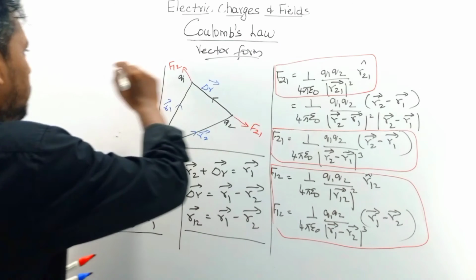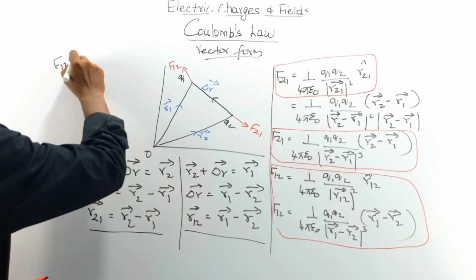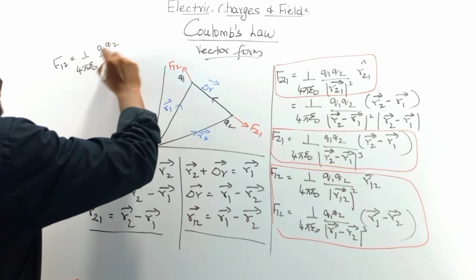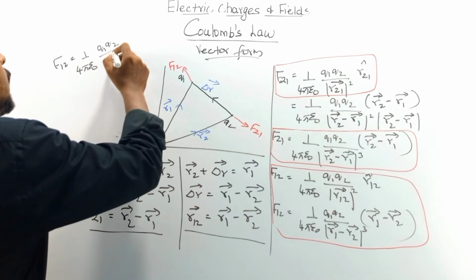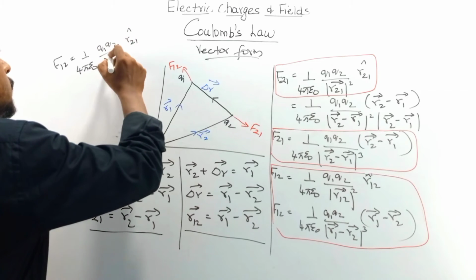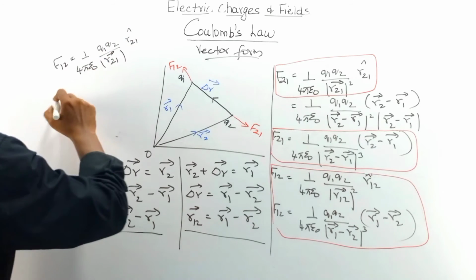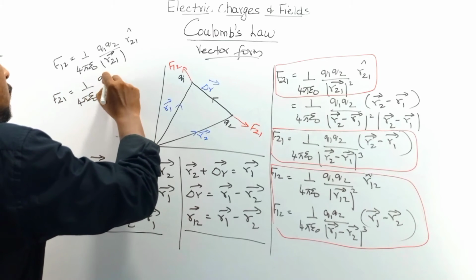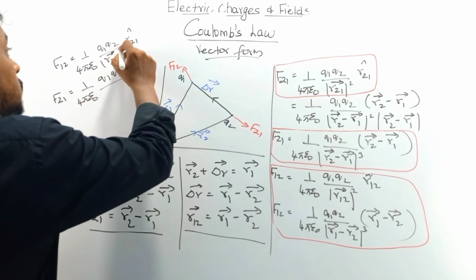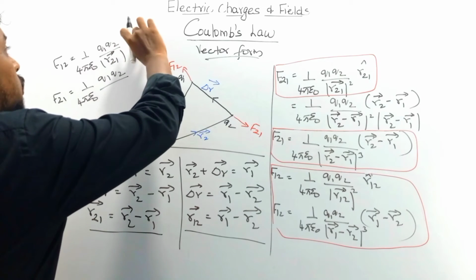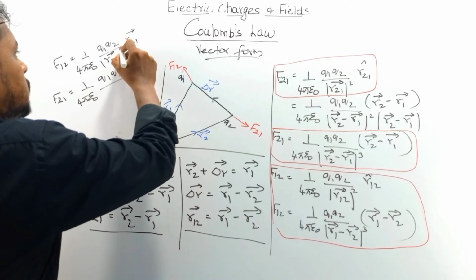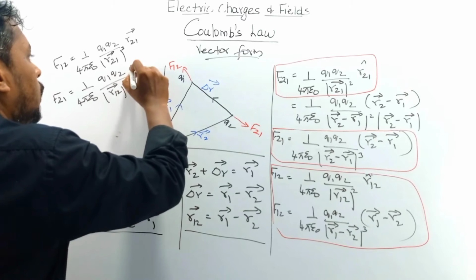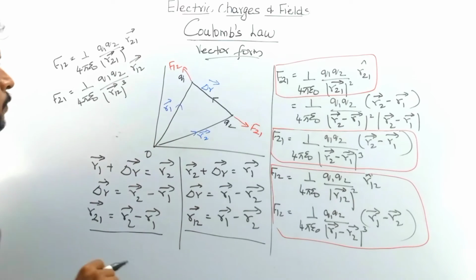Let's compare this. Already we have written F12 as 1 by 4 pi epsilon naught, q1 q2 by r12 square, r12 cap. Either the modulus form or the vector form, where the vector is cubed in the denominator in magnitude.